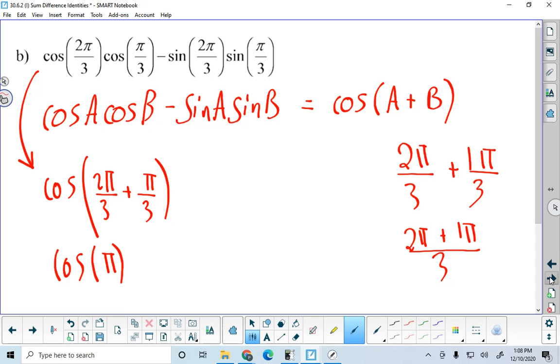And in fact, we could figure out what that is. Cosine of pi is -1, but that's not the point of this question. Any questions with number 1?